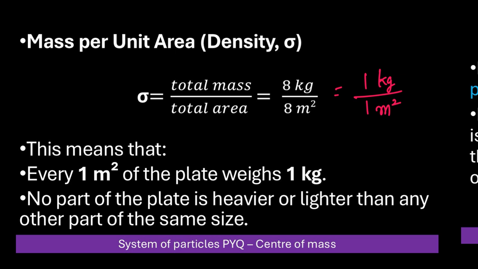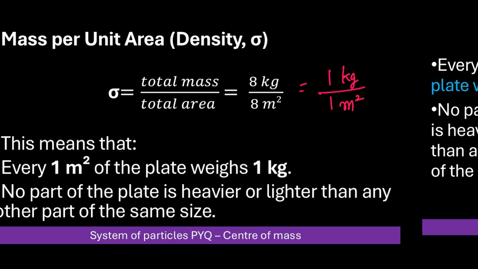Or in other words, no part of the plate is heavier or lighter than any other part of the same size. Let's revisit that one more time. No part of the plate is heavier or lighter than any other part of the same size.